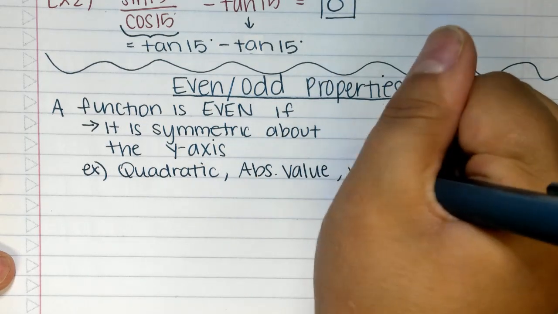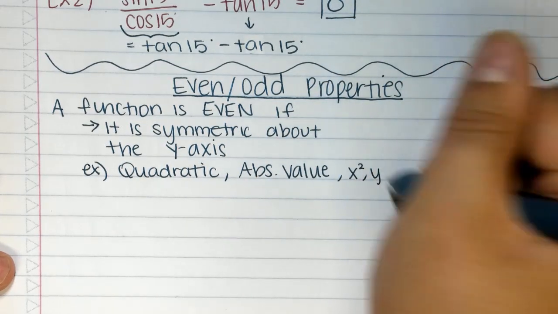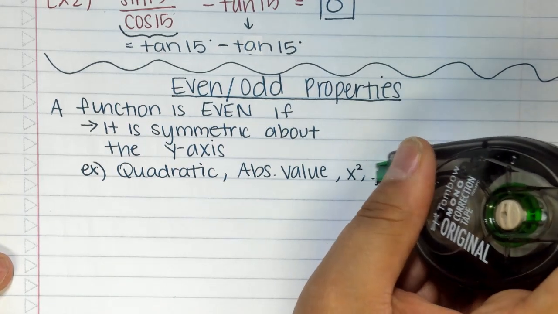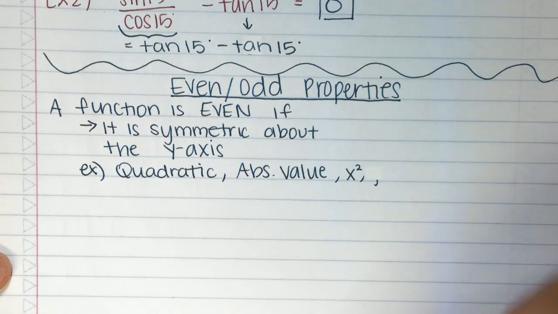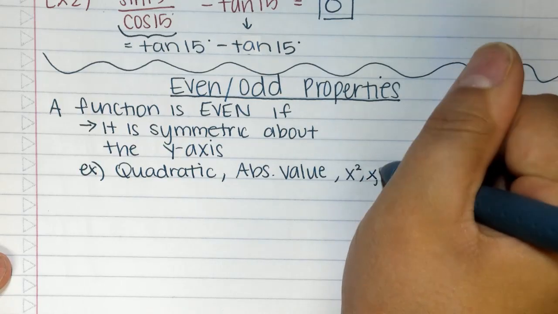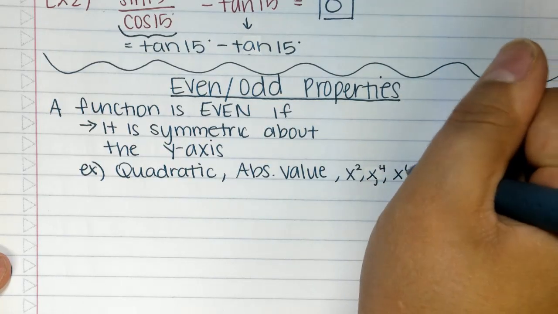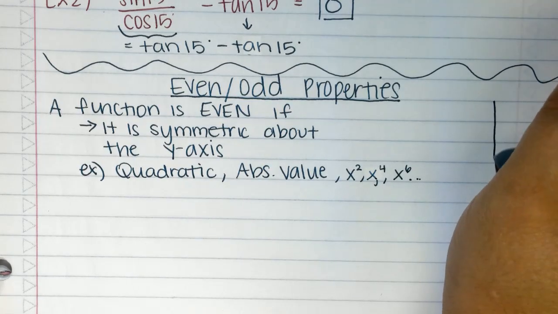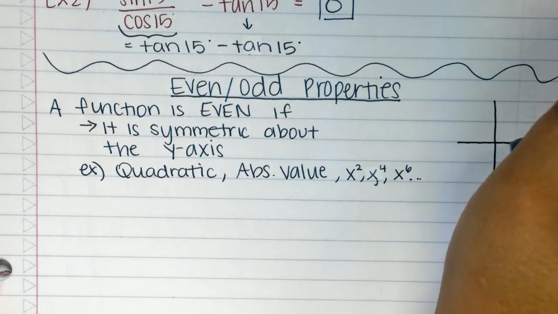And then anything that has an even, no, that's not what I meant. Anything that has an even exponent that's by itself, so like x to the 4th, x to the 6th, x to the 8th, dot, dot, dot. Okay? Now one of my trig functions is even.